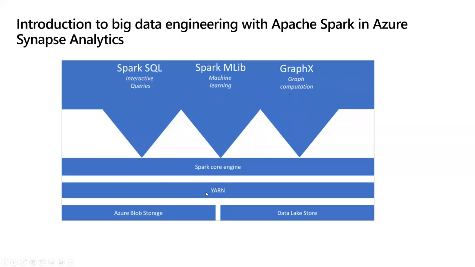YARN means Yet Another Resource Negotiator. This layer is responsible for getting the distribution from the core engine to the resources. That's why it's in between, with the storage layer. It's gonna distribute the data you want to process for your querying or for any workload you need to do.